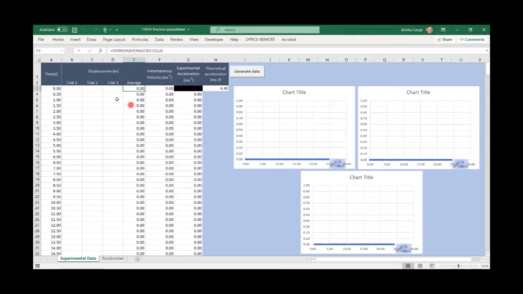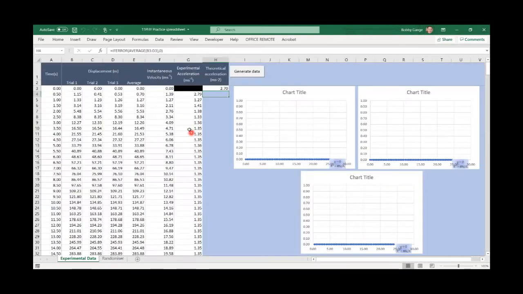A range of data is depicted on Excel by a cell address followed by a colon, then another cell address, and it says I'm going to be selecting everything between the first cell address and the last cell address. So B3 is here, D3 is here. So the range B3 to D3 are these three here: B3, C3, and D3. Understand that so far? Can everybody please click on generate data?